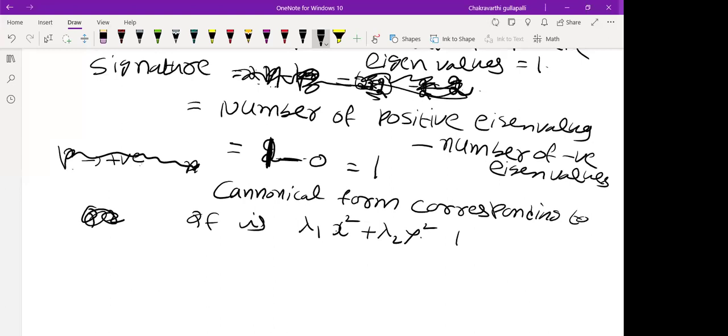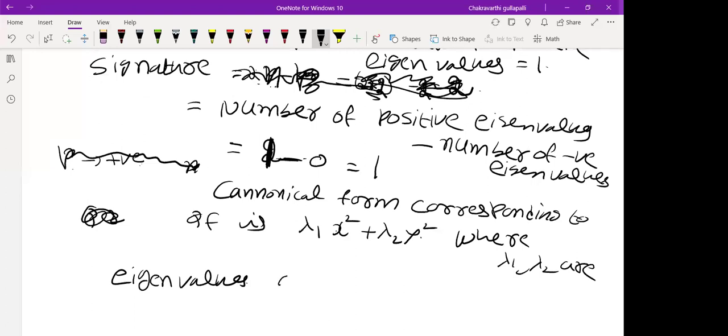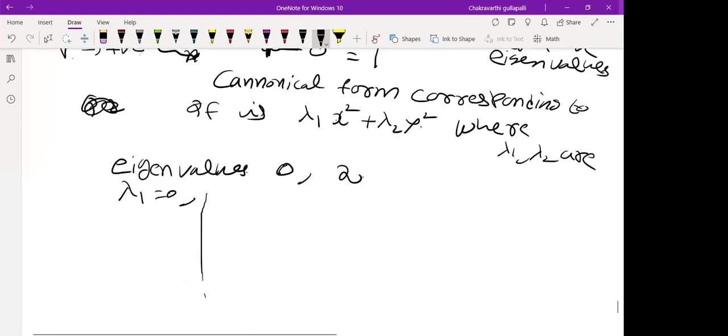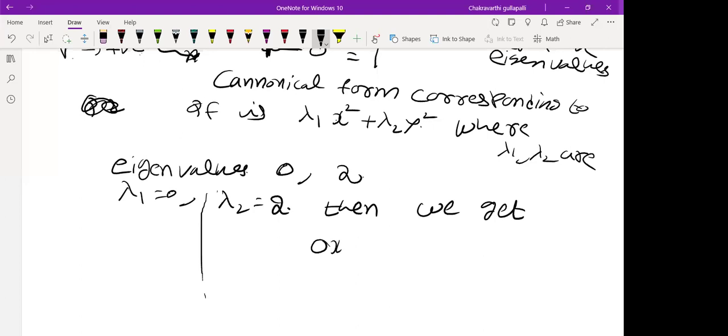What are lambda 1, lambda 2? They are the eigenvalues, which are 0, 2. Then somebody may get a doubt. If I take lambda 1 as 0, lambda 2 as 2, then what is the canonical form? 0x square plus 2y square is canonical.